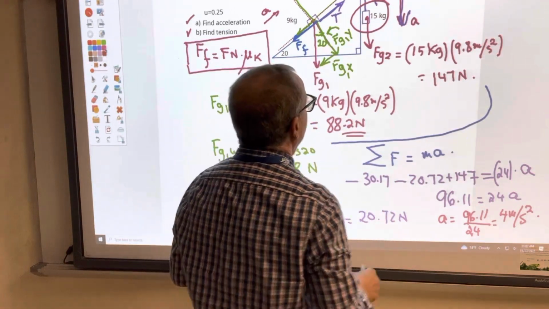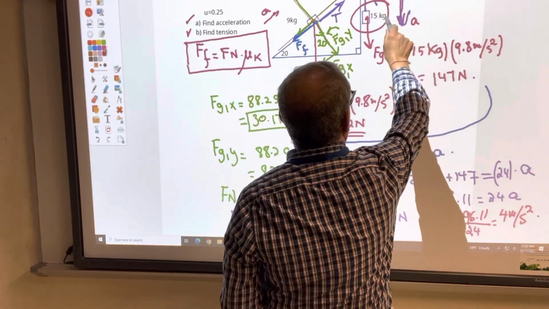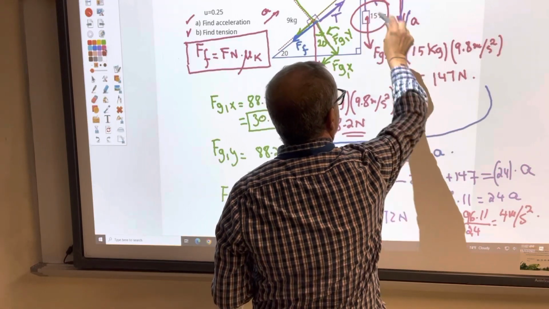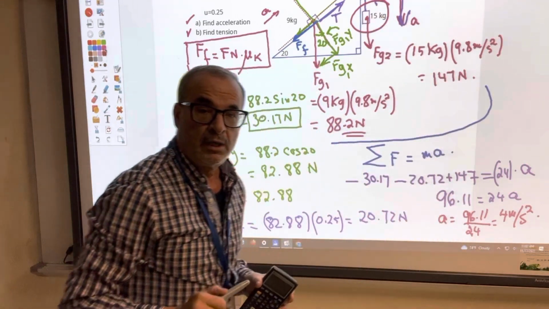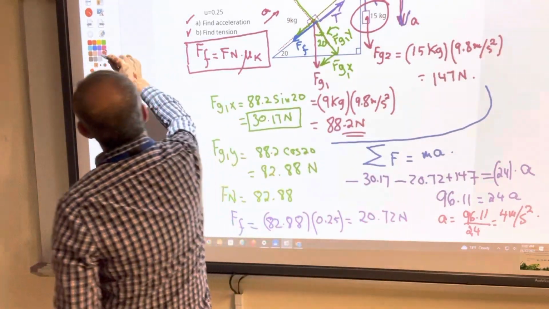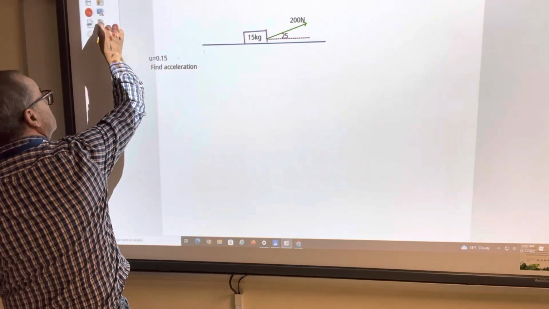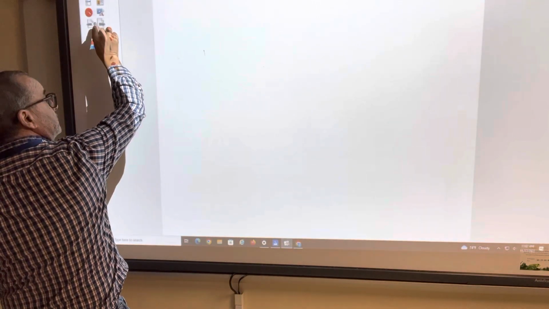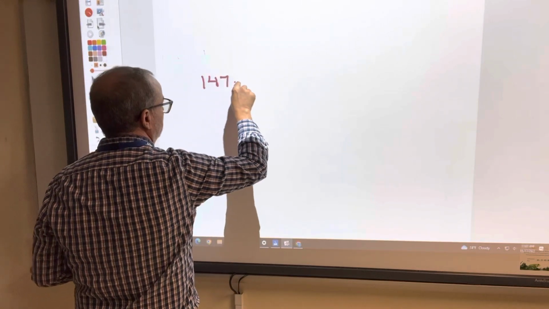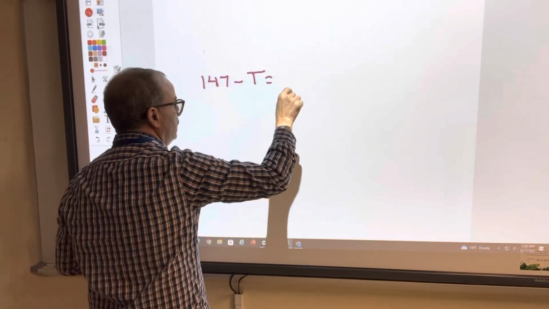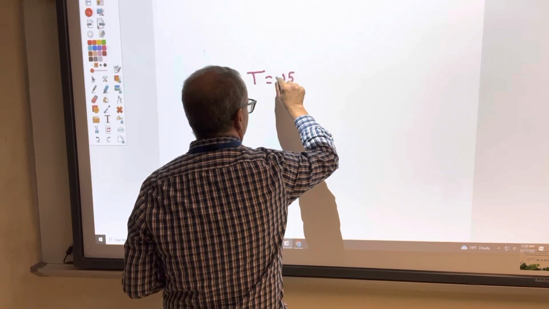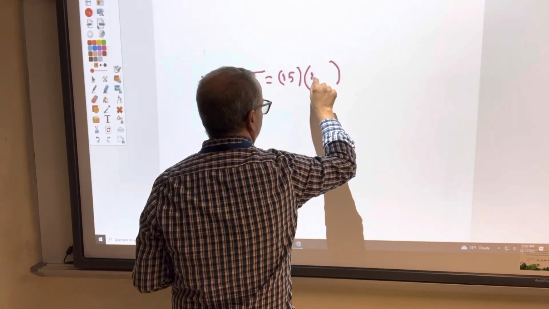All right. So let me do that problem here, which is 147 minus T equals 15a. And we already know what a is. So I have 147 minus T equals m, the mass is 15, and I multiply that by acceleration, which was 4.